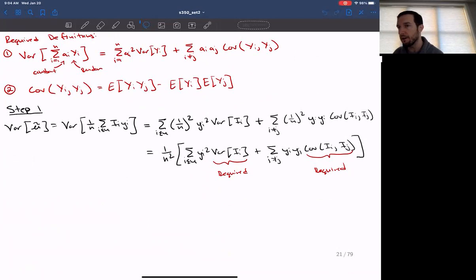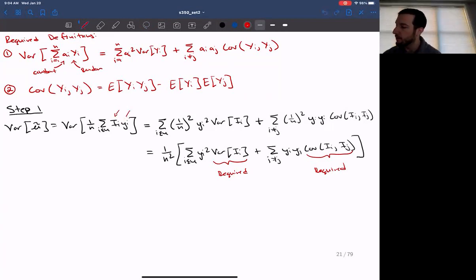The variance of mu tilde is equal to the variance of 1 over little n multiplied by the sum across the frame of all of the yi that are included in the sample. So again, we have this capital I subscript i here, and then we have our yi, which are the constants here.